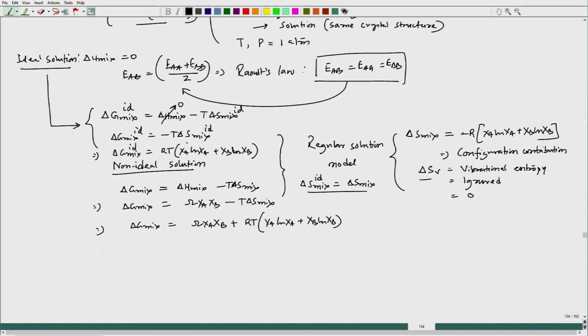So, let me first treat the ideal solution.